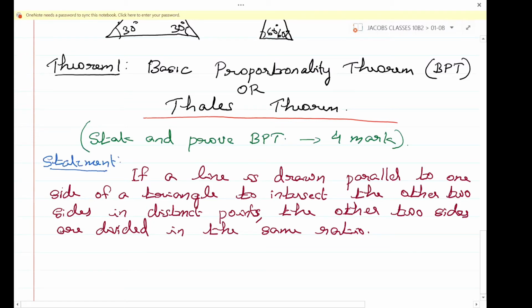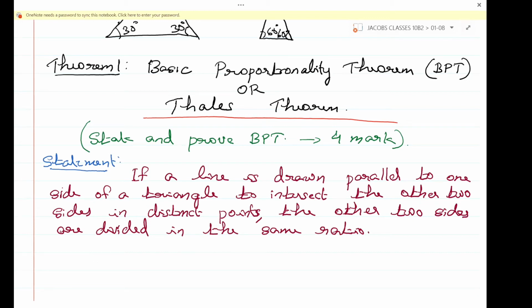So please write the statement: if a line is drawn parallel to one side of a triangle to intersect the other two sides in distinct points, the other two sides are divided in the same ratio.